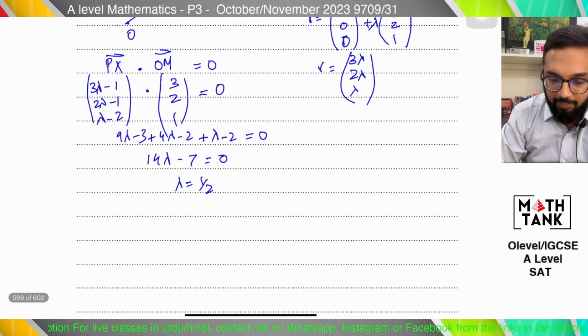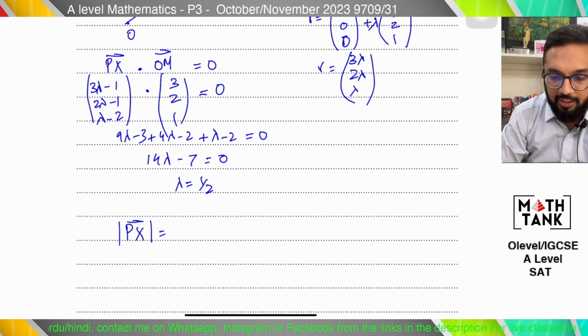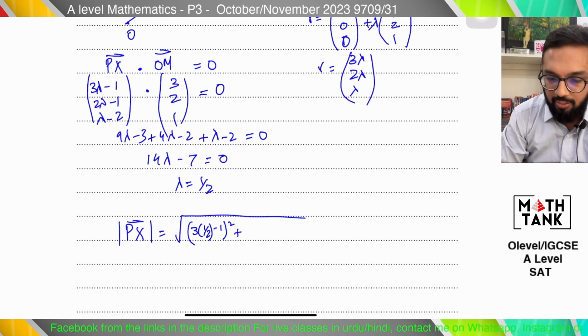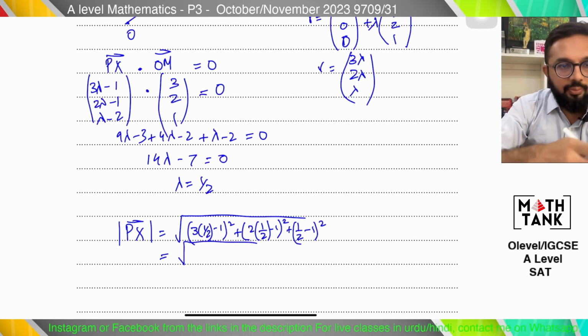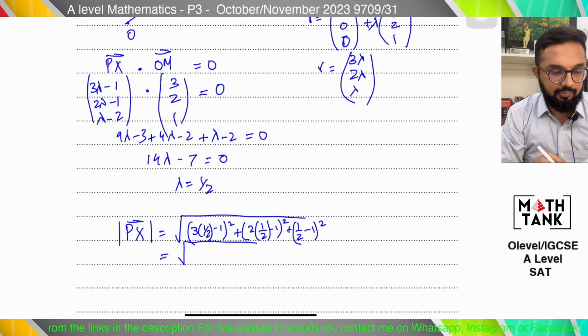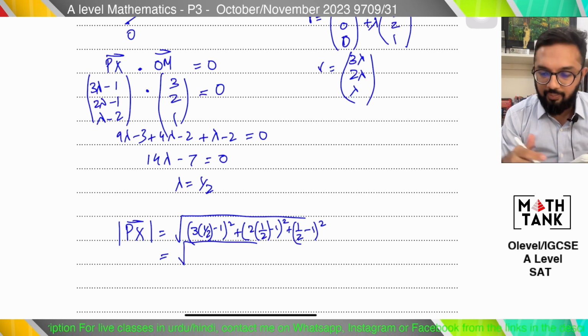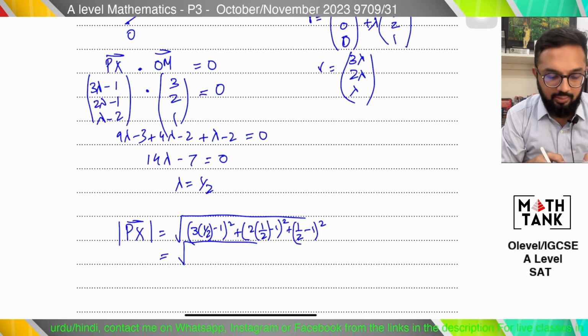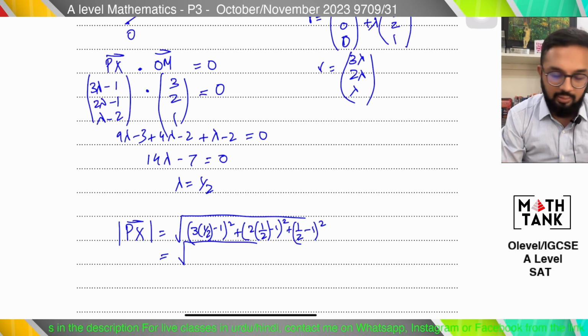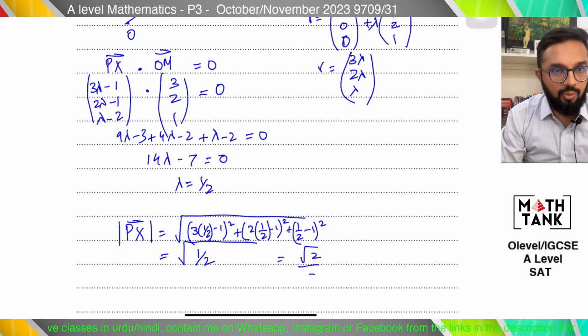We want to find the length of the perpendicular, so the magnitude of PX, that's going to be 3 into half minus 1 squared plus 2 into half minus 1 squared. Zero and 0.25. Root 2 over 2.